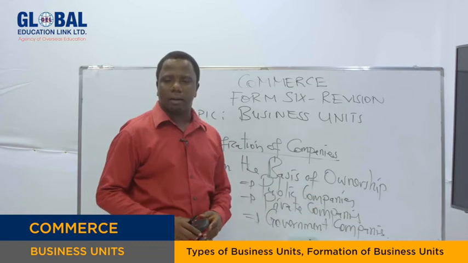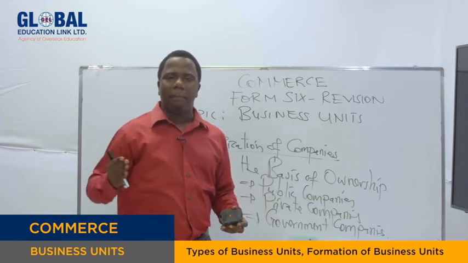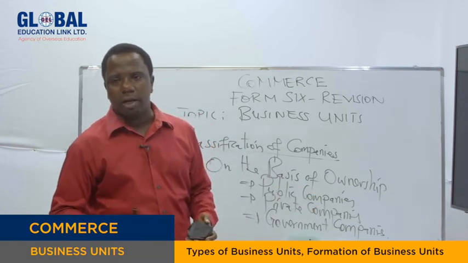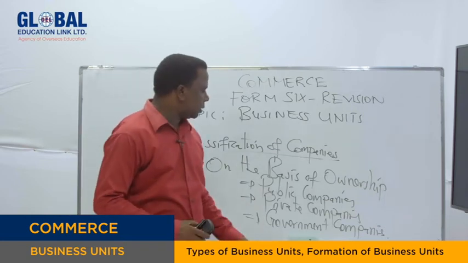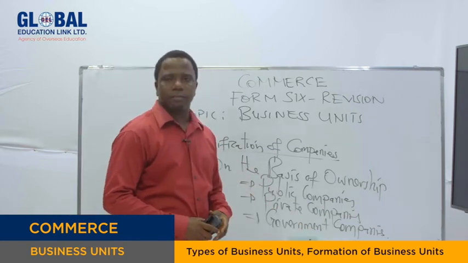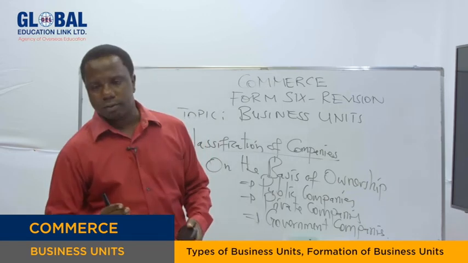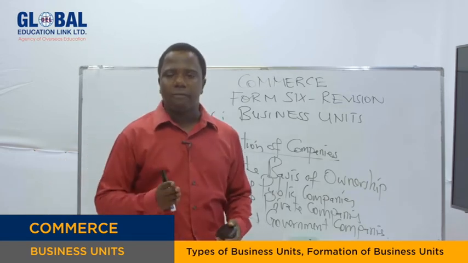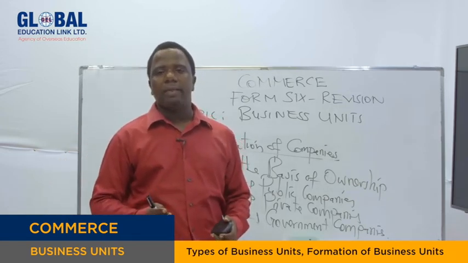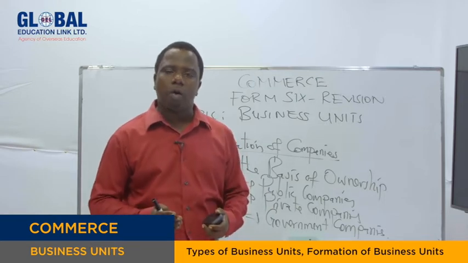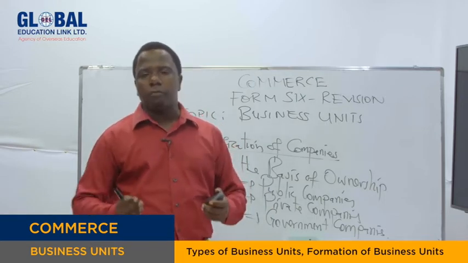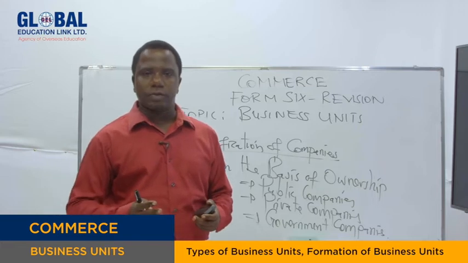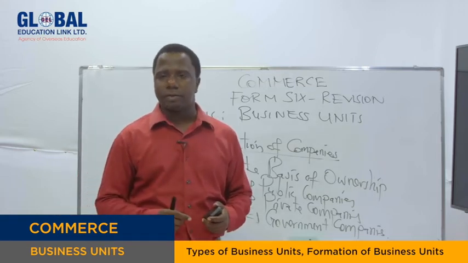It means any number, any amount, no limit in a public company. While government companies are owned by the government, either the whole company is owned by the government or a large part of the ownership is owned by the government.